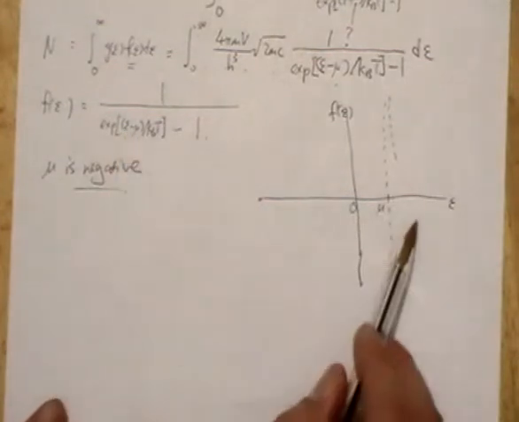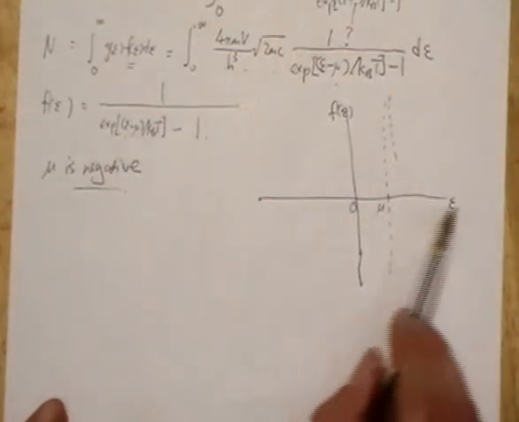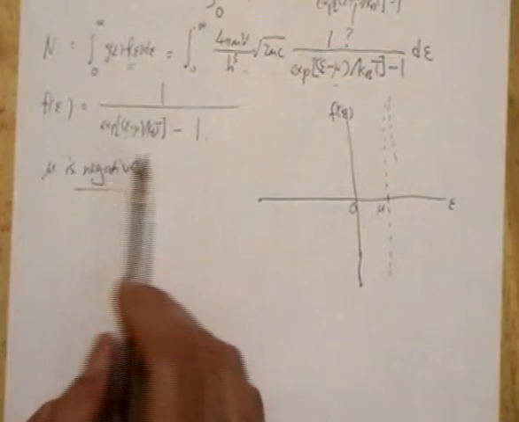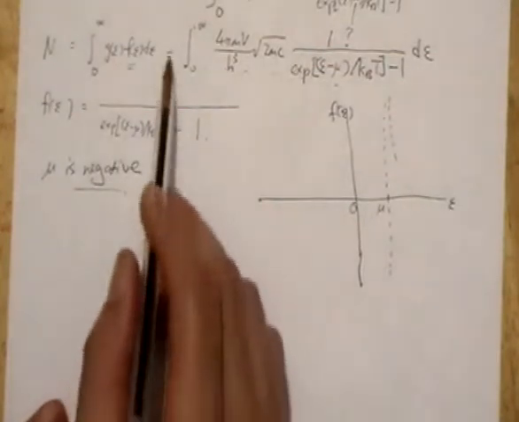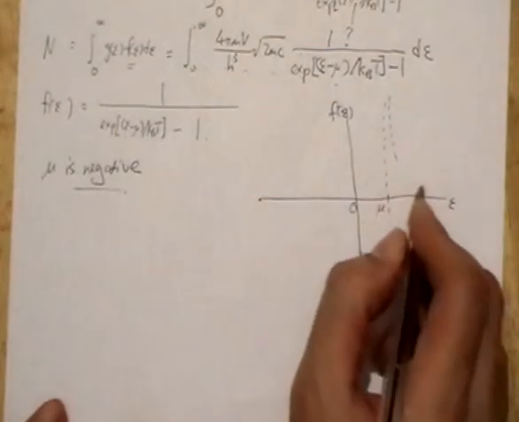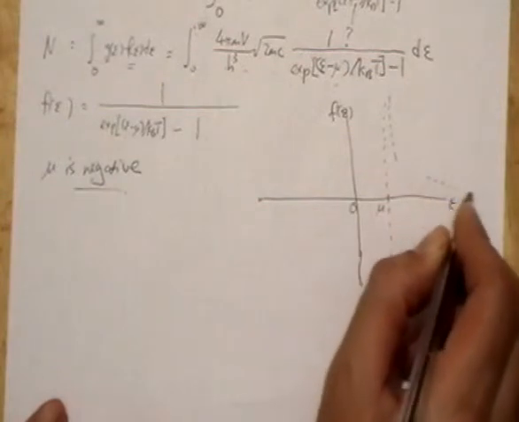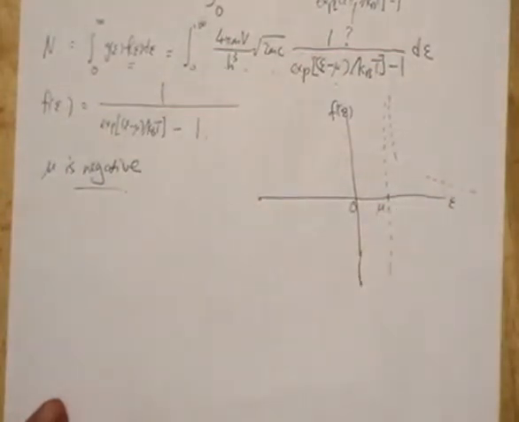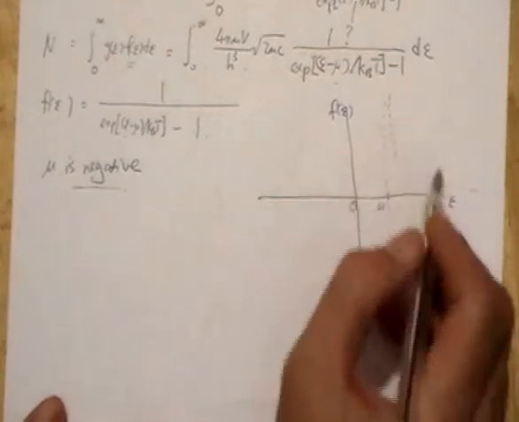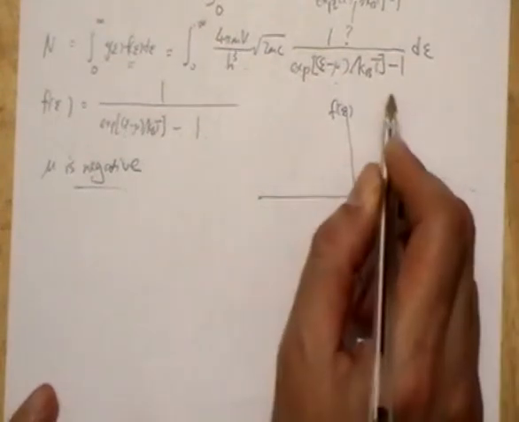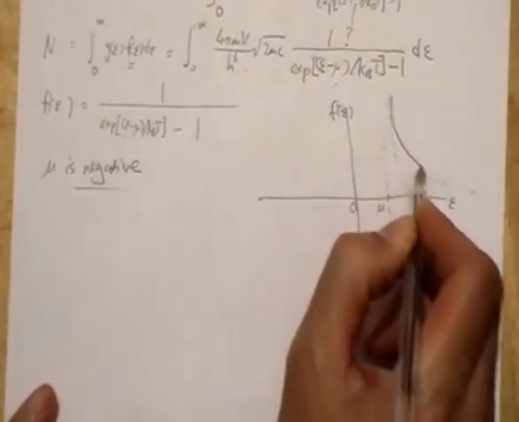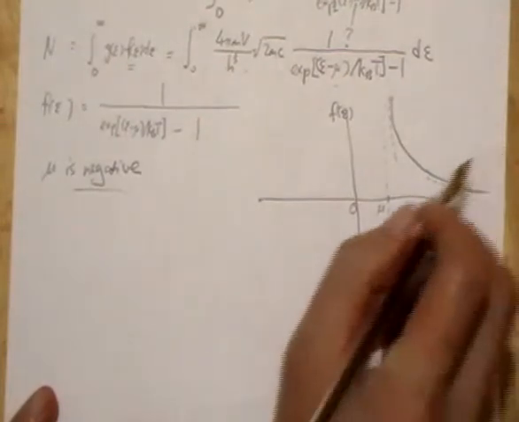But as E moves to the right, as E gets bigger, so the exponential gets bigger, and therefore 1 over that gets smaller. So we would expect the curve to get smaller and smaller. And in between, a likely graph may look like that.